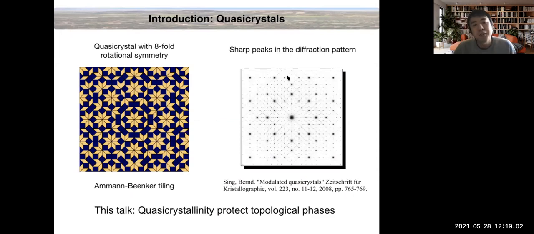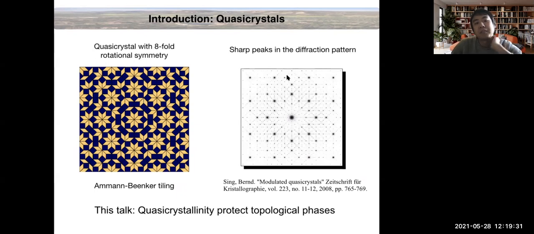Because there's no translation in a quasicrystal, you can realize discrete rotations that are forbidden in the usual crystal, like 4-fold or 5-fold rotational symmetries. And this is actually a real space model called the Ammann-Beenker tiling. You use these little squares and rhombi to tile the whole space.